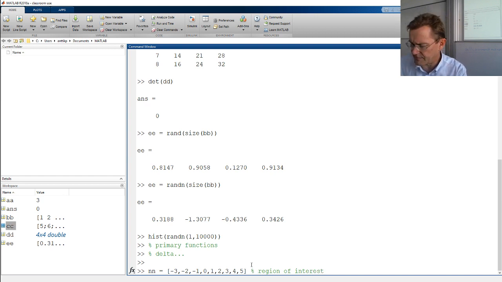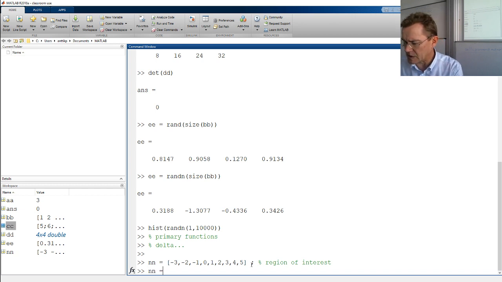But think of 100 points or 1,000 points. It takes a little bit. You probably also would make a mistake or two there. So you can also auto-generate it from -3 to 5. Okay.